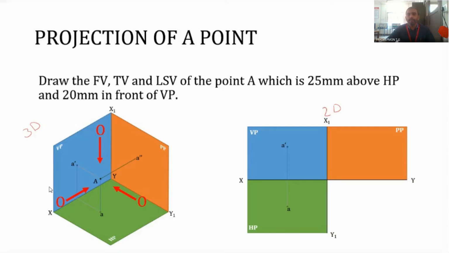Now, what we have to do is repeat this procedure considering A double dash also. When we considered A dash as well as A, these four lines actually constitute a rectangle in three dimensions.